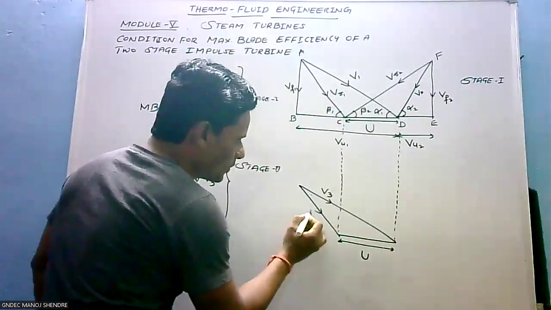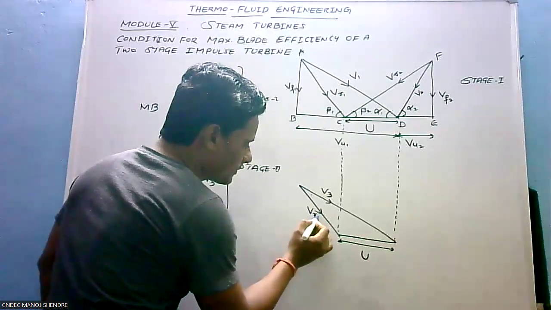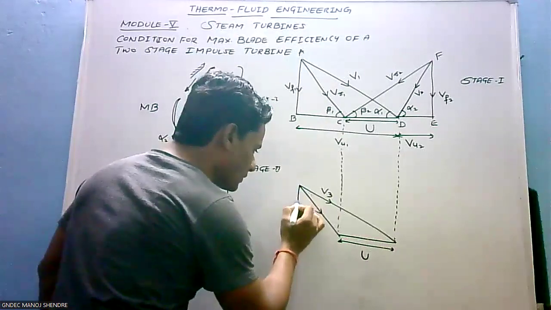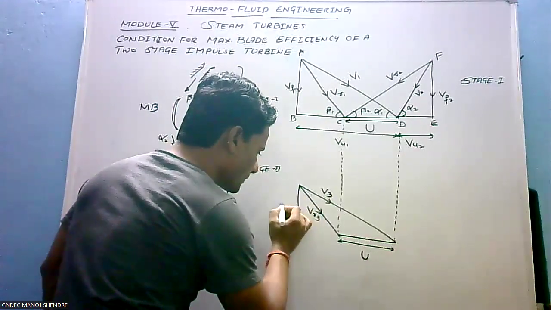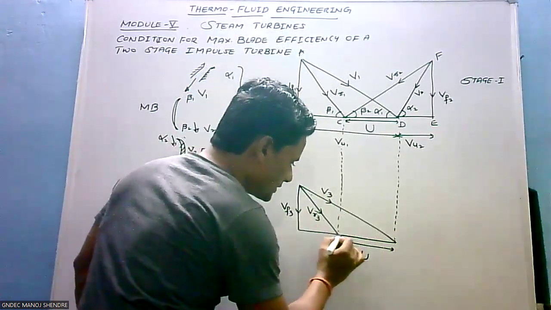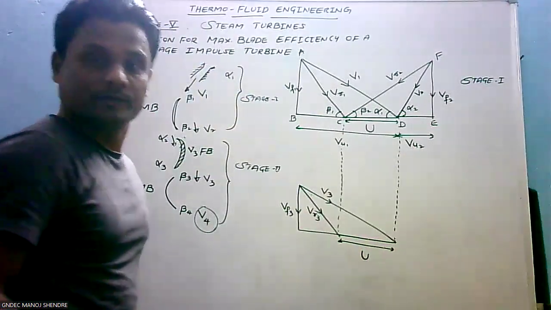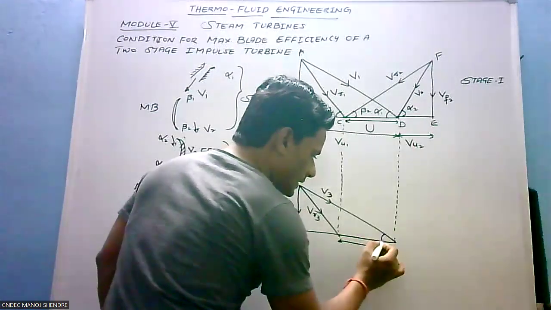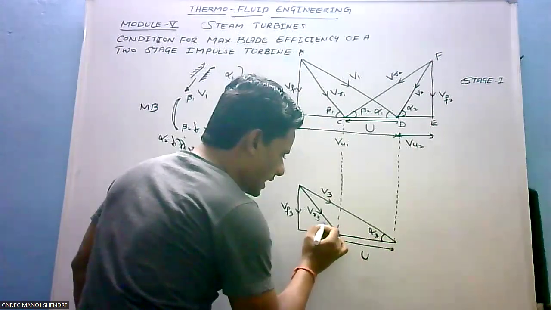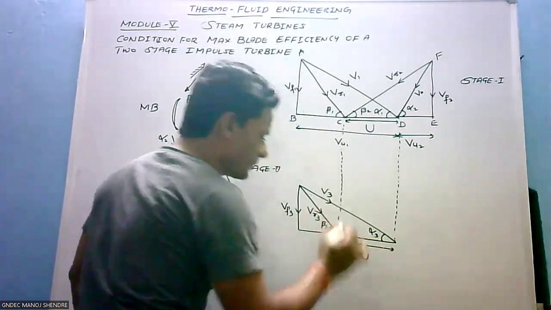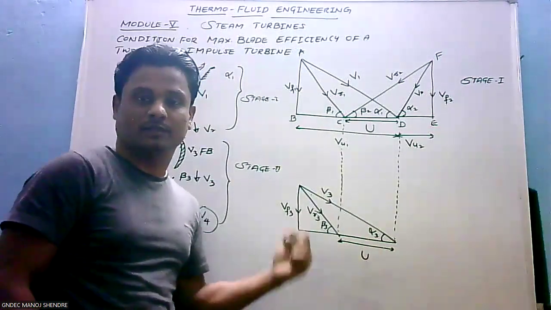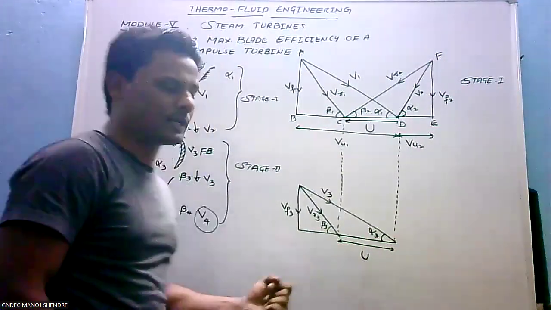The first one is the inclined component VR3, and the next one is the vertical component VF3. Join these two points. Now alpha 3 is the angle for V3, and beta 3 is the angle for VR3. This is alpha 3 and this is beta 3. Hope this is visible, right?